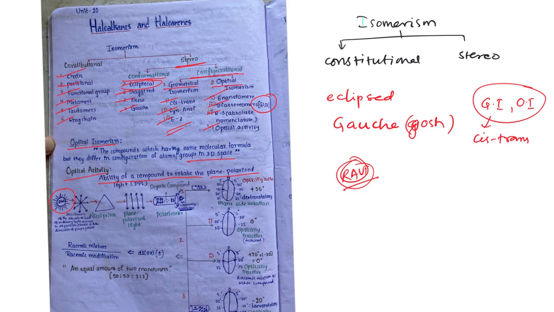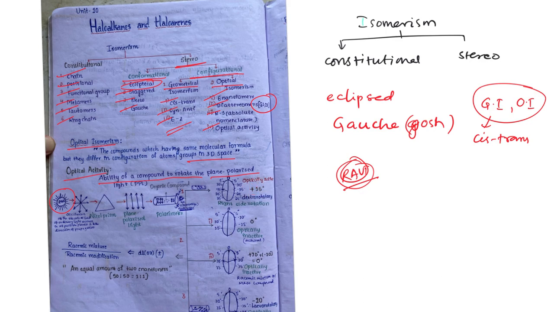Then there are four possibilities. For the first possibility, the observer observes from this side. This is called left side and this is called right. Now if the plane polarized light is rotated to the right side like this, that is called dextrorotatory, right-side rotation, denoted with a plus sign.